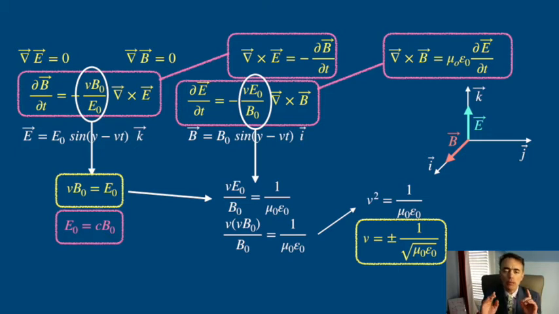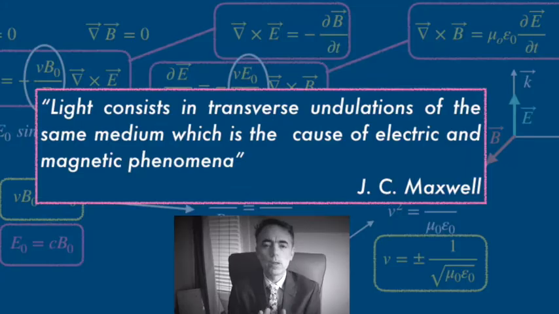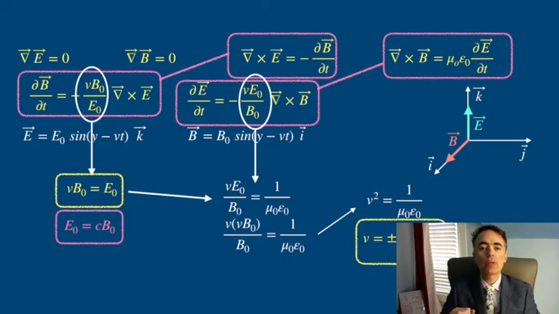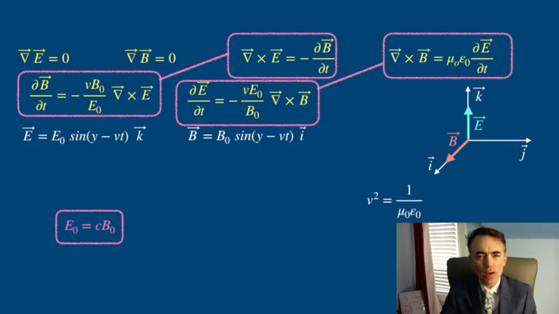But also the electric field is perpendicular to the magnetic field. Or in Maxwell's words, light consists in the transverse undulations of the same medium which is the cause of electric and magnetic phenomena. Also, we have found that at any point of the wave and at any instant of time, the electric field is c times the magnetic field, so they are always proportional.